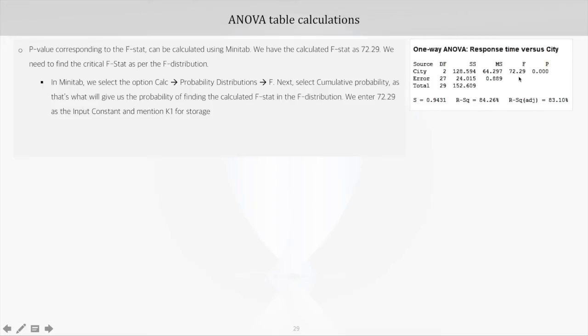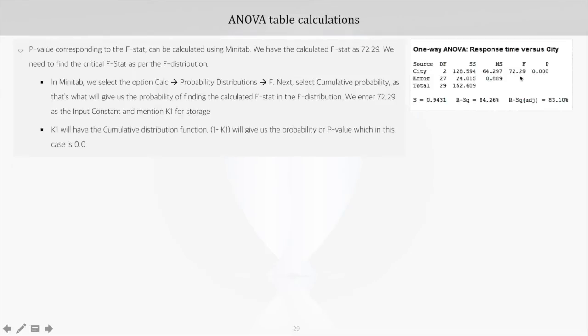Since we want the cumulative probability, which is the total area covered in the distribution, we choose this calculated F stat of 72.29 as the input constant, and then we mention some variable, let's say K1, to store the resulting probability that Minitab calculates.